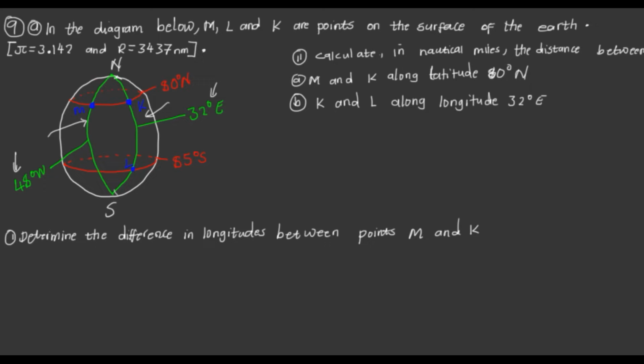If the two longitudes were on the same side, maybe 48 west and 32 west, we would have subtracted. So subtraction is done if you have two points on the same side. Now we'll say difference.